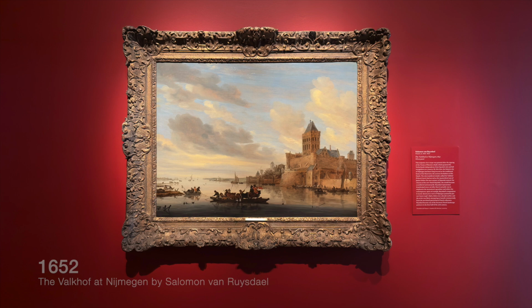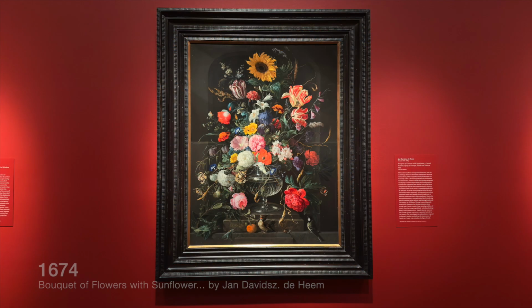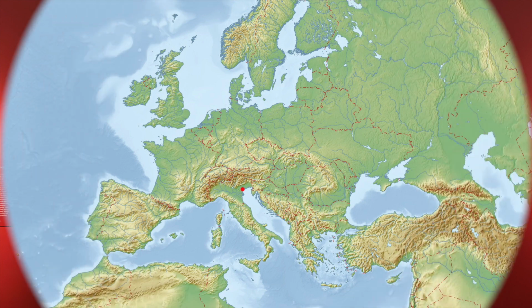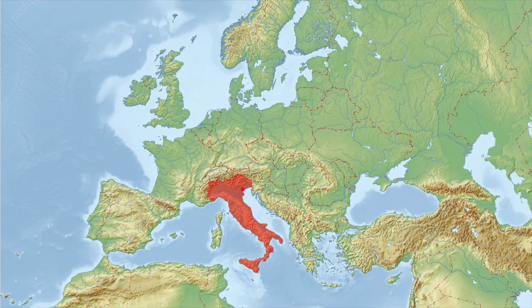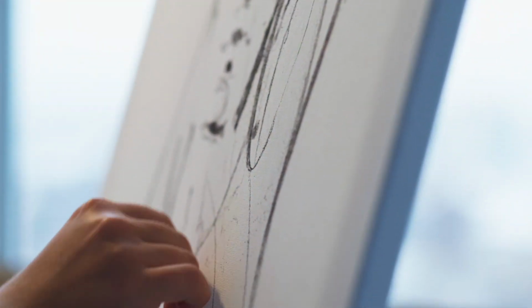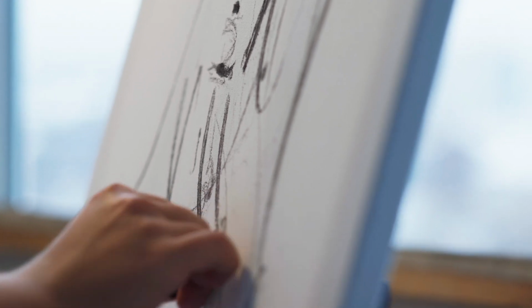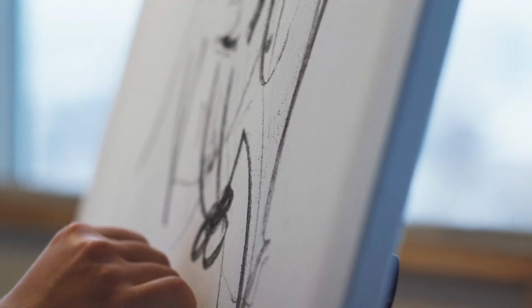The use of canvas grew in popularity throughout the 1500s and 1600s. It was initially popularized in Venice, Italy, but soon spread into Spain, and then into the rest of Western Europe. Eventually, by the mid-1600s, canvas would overtake wood panel as the surface of choice, especially for larger work.